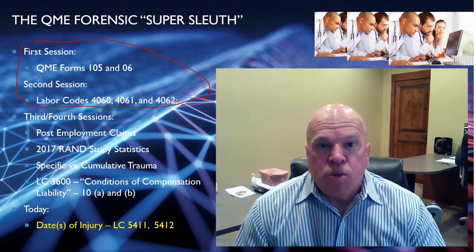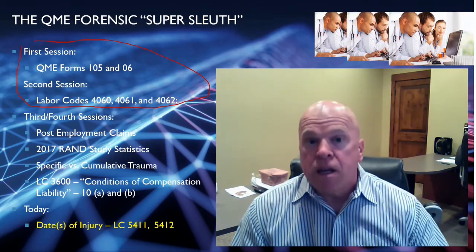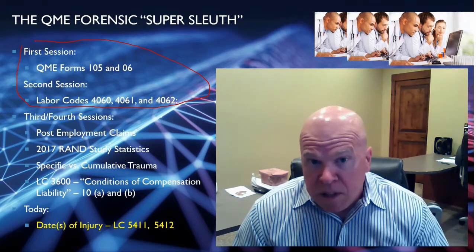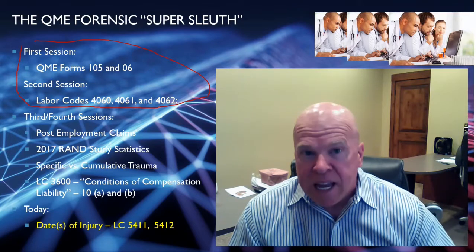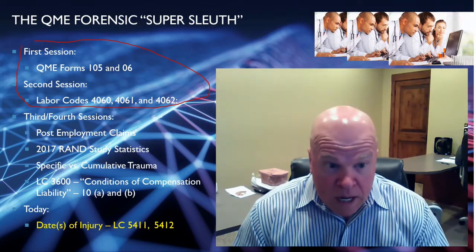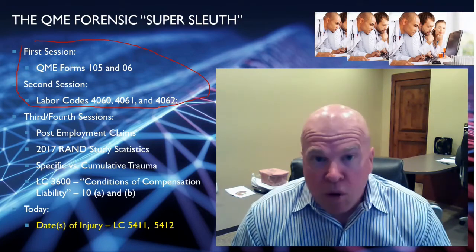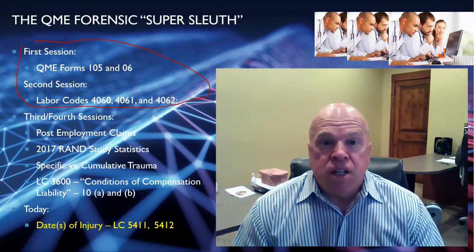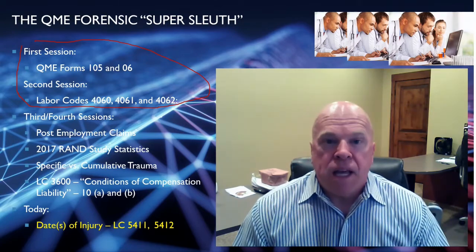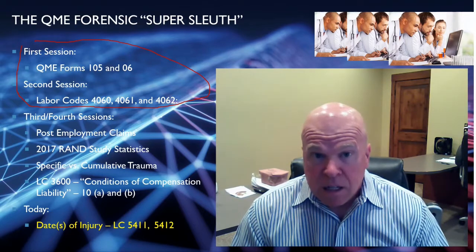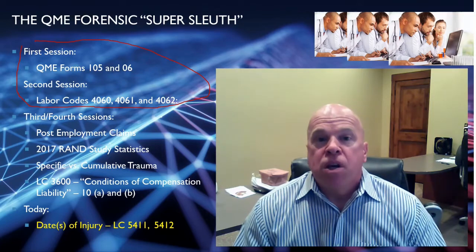And then in sessions number 3 and number 4, we embarked upon a new series of topics that, again, comprise a bulk of the evaluations that we're getting, for which we are not informed in advance as to the situation involving the examinee, and that has to do with the post-employment claim of an industrial injury. These are claims for industrial injury when the claim is filed on a date after the employee has separated his or her relationship with the employer.